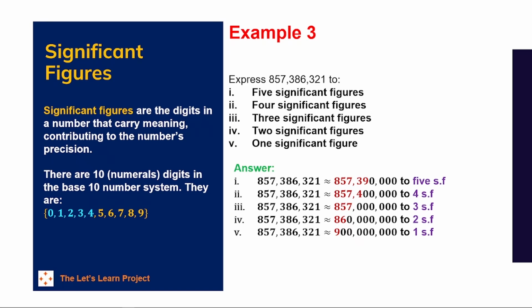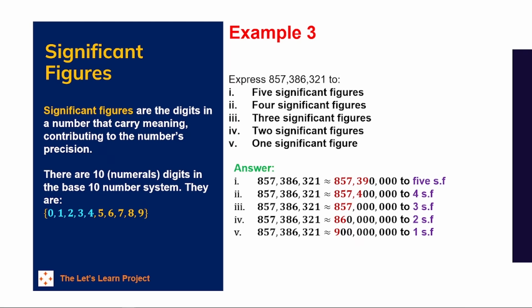If we are expressing it to 4 significant figures, we have to count the first 4 significant figures, which is 8, 5, 7, and 3. Then we will round the 3. That is, since the 8 is part of the big digits, that is the numbers from 5 to 9, we would have to add 1 to the 3 to make it 4.